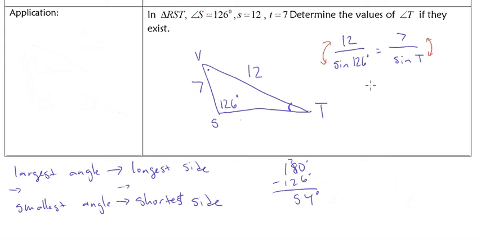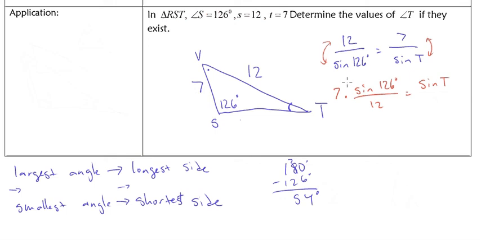So sine of 126 degrees over 12 is equal to sine of T over 7. And to get sine of T by itself, we'll multiply both sides by 7. So that times 7.